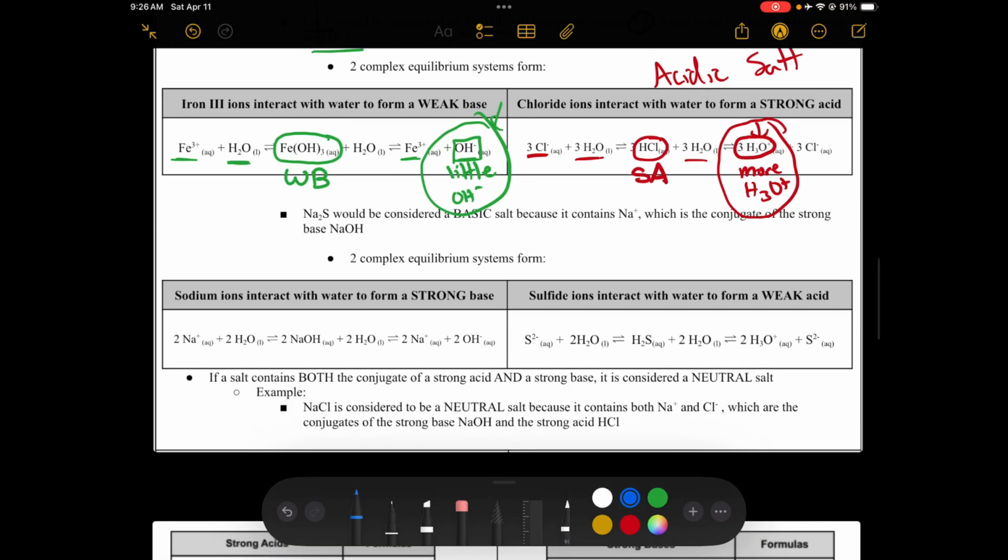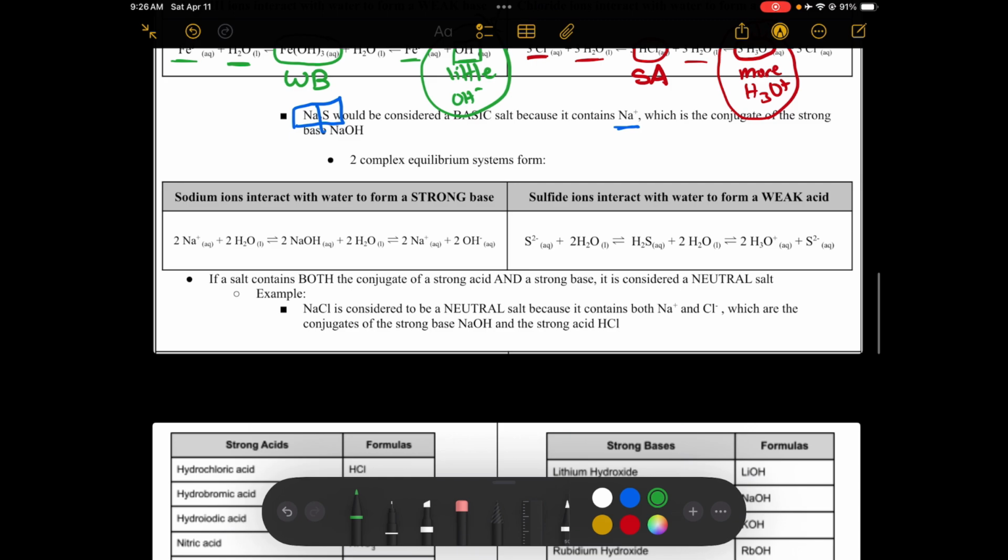Looking down here to our next example, Na2S, that thing is a basic salt because sodium ions come from sodium hydroxide, a strong base. But again, the sulfur ions are going to do something with water too, so let's take a look at it. Our sodium ions interact with water to form NaOH. NaOH is a strong base.